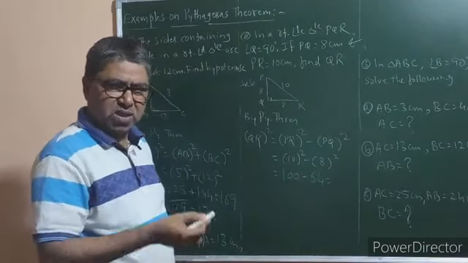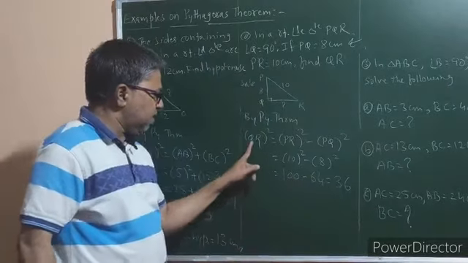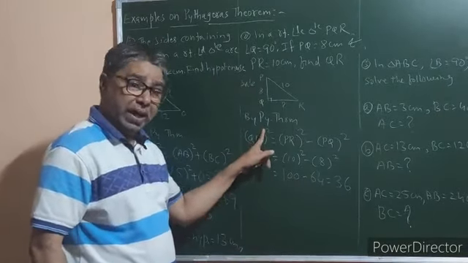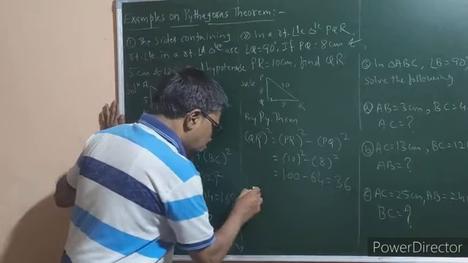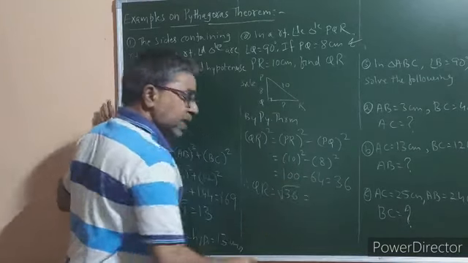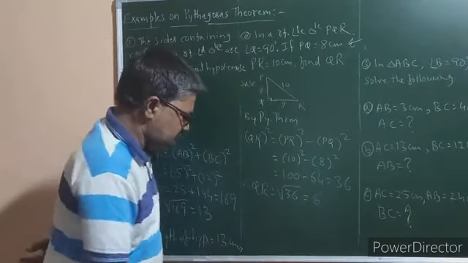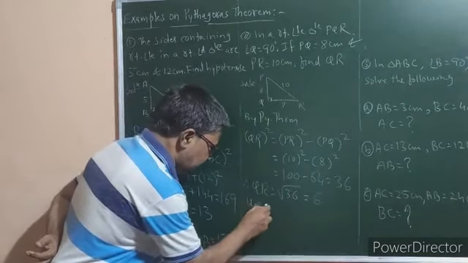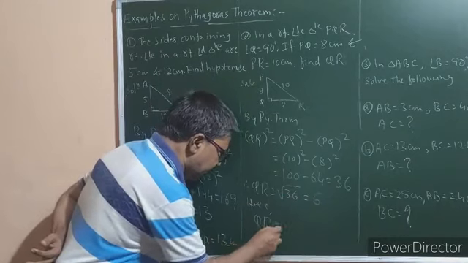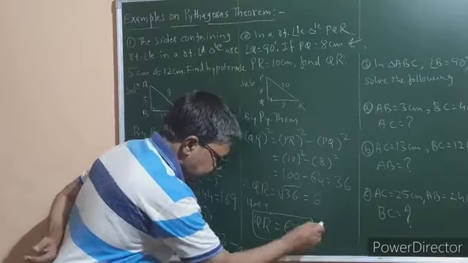Now if you subtract 64 from 100, you will be getting 36. 36 is the value of QR square. Therefore QR will be square root of 36, and again 36 is a perfect square and the square root is 6. Hence the length of QR in this particular example is 6 centimeter.